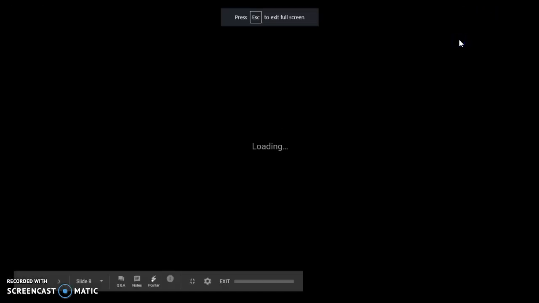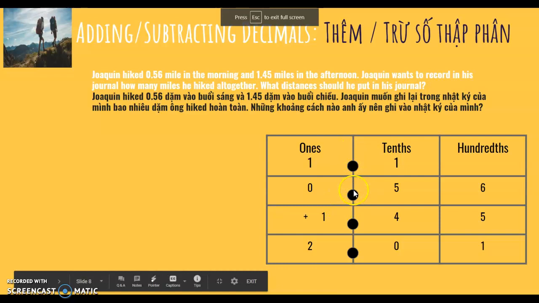Another way to do it is to write our numbers using our place value chart. Make sure each digit is aligned, and then you can add and come up with your answer.